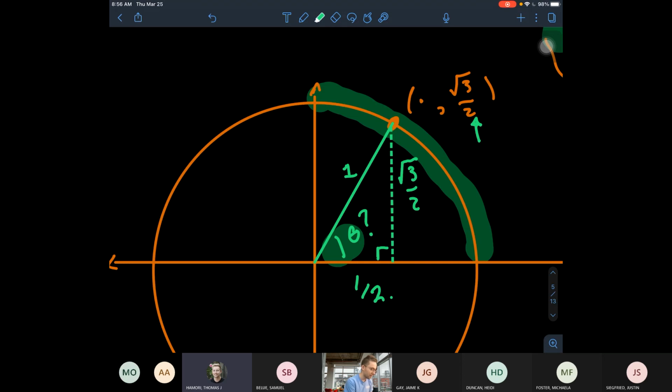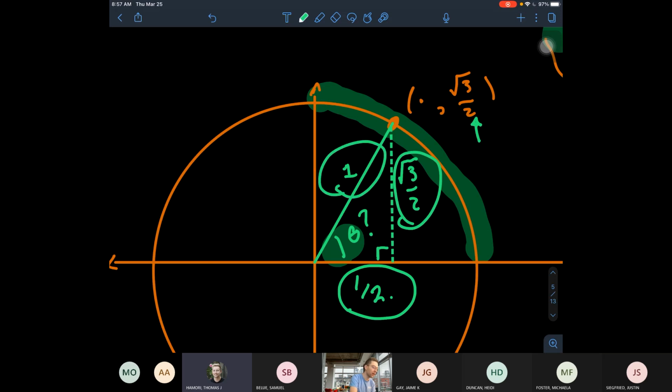Can anyone tell me what theta should be? Not 30. 60. That's the one. So these are the proportions of a 30, 60, 90 triangle.